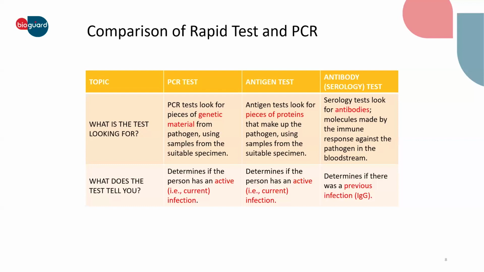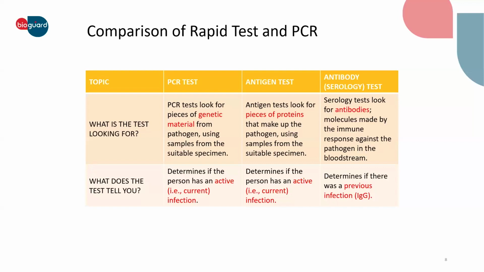And it also tells you if the individual has an active or current infection. For an antibody test, it detects the antibody produced by the animal. Those antibodies are produced against a specific pathogen.